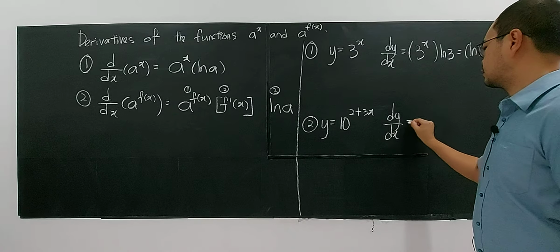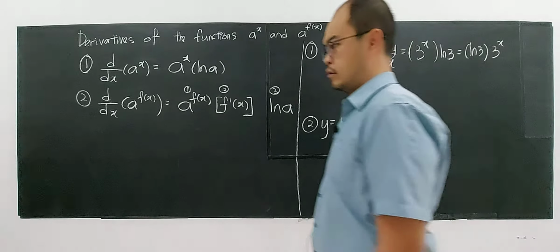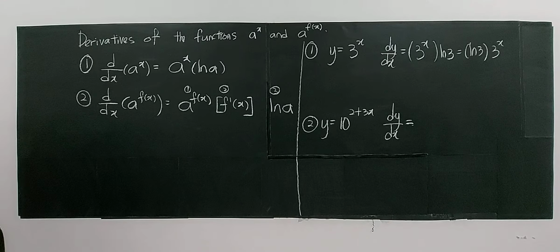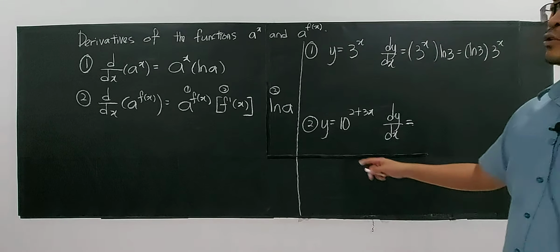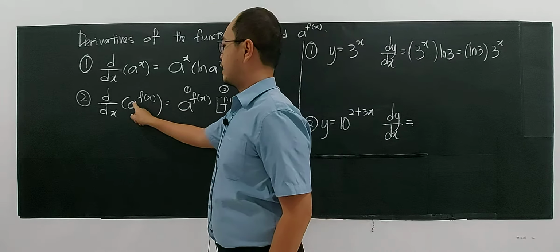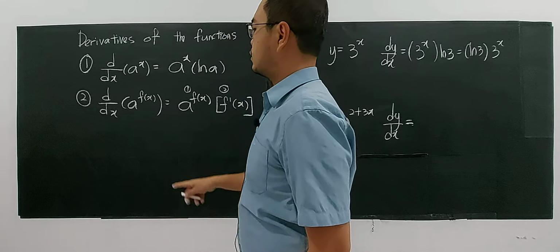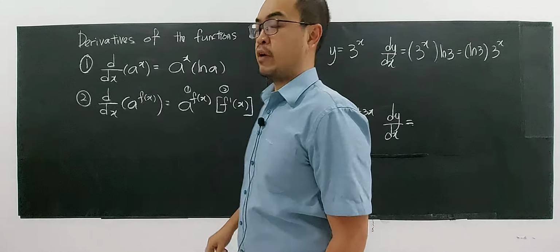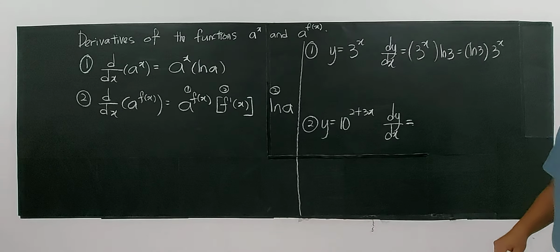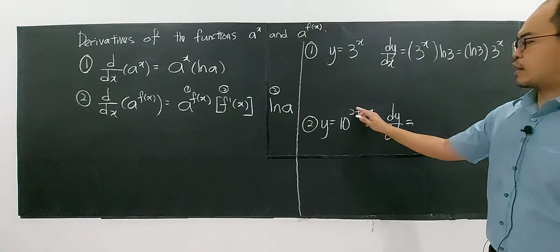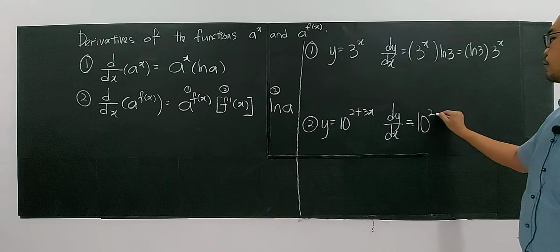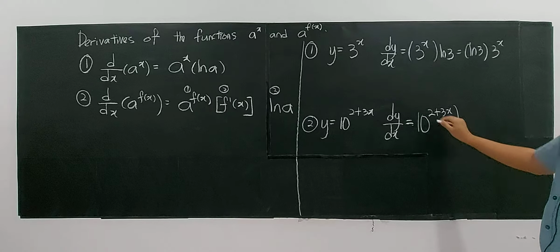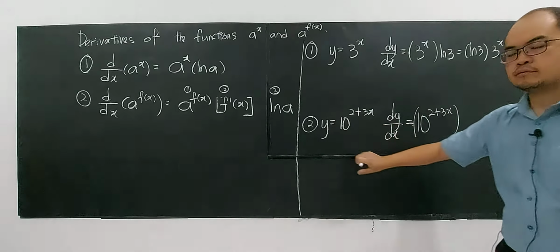Let's look at this one, also very simple. You see 10 to the power of 2 plus 3x. It belongs to this type, a to the power of f(x). To differentiate this one, the first step is to copy back this whole thing.